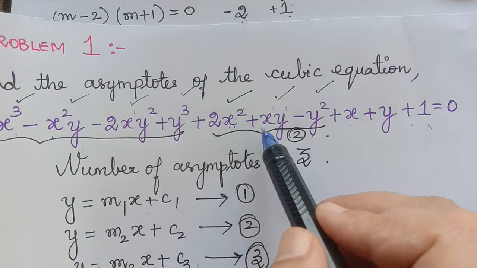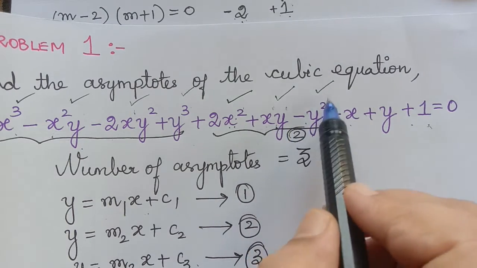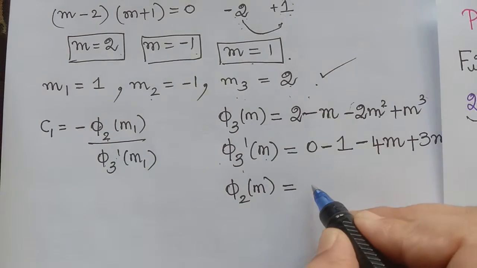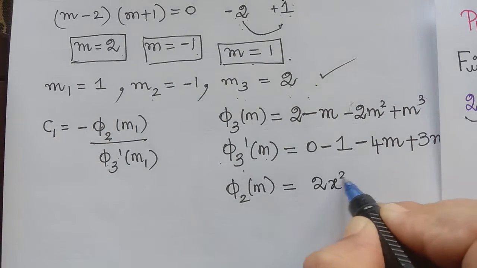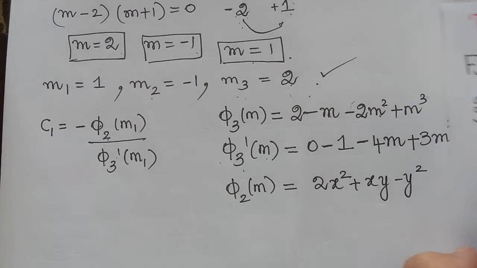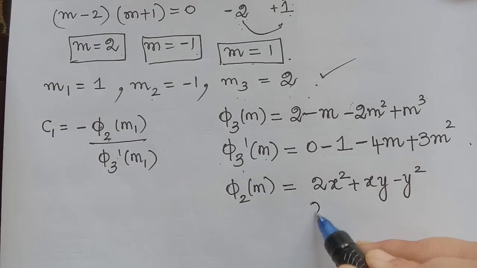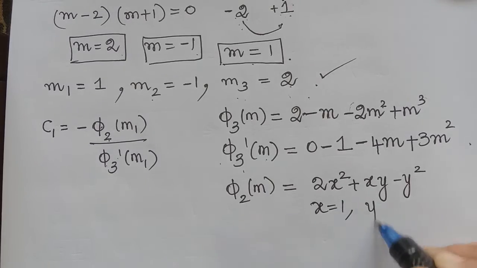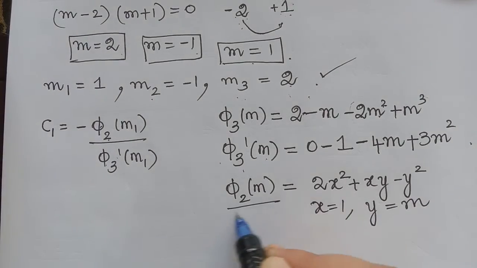So 2x square plus xy minus y square. Now let me write that. The second degree terms are 2x square plus xy minus y square. Now in this, let me put x equal to 1 and y equal to m in order to get phi 2 of m.